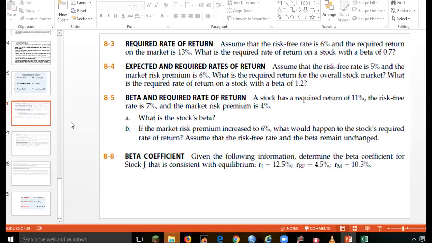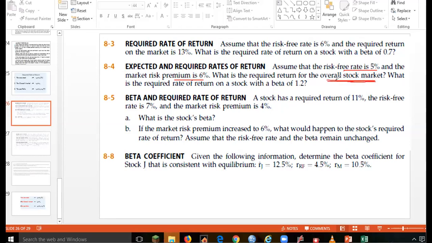Next problem is A-4. Assume that the risk-free rate is 5% and the market risk premium is 6%. What is the required return for the overall stock market?